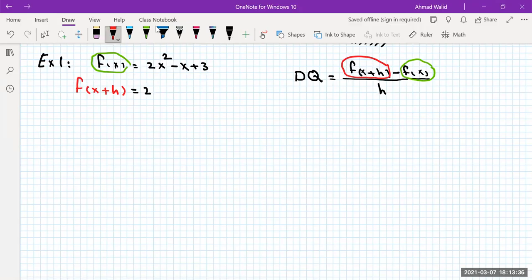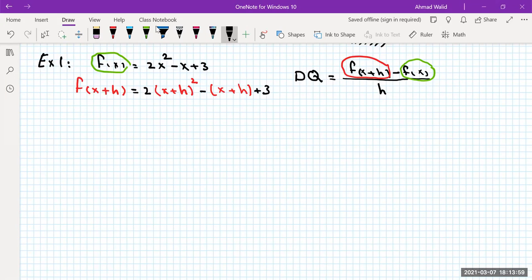Then my right side will be 2 times x plus h squared minus, again, x plus h plus 3. Correct? Let's simplify our right side.